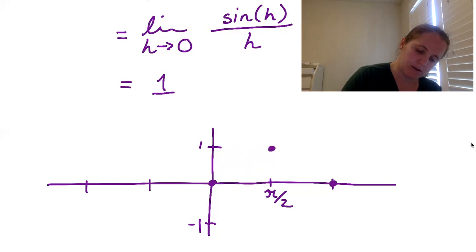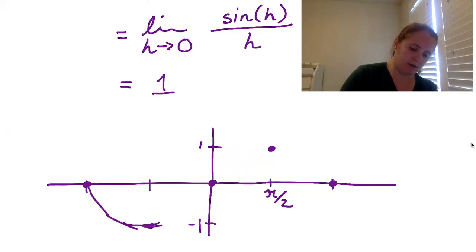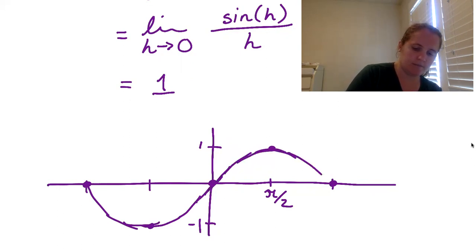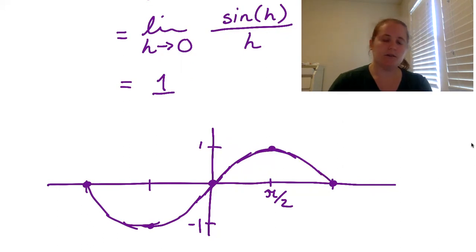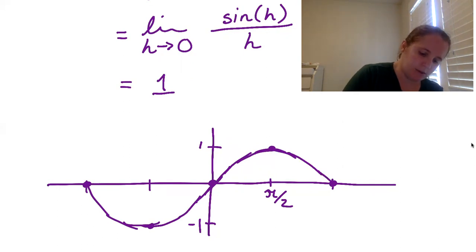At pi, we're back to 0. At negative pi over 2, we're at negative 1. At negative pi, we're back to 0. And if we do a rough sketch of sine, essentially what we did was we had 0, and then 0 plus h. We went h over to the side.